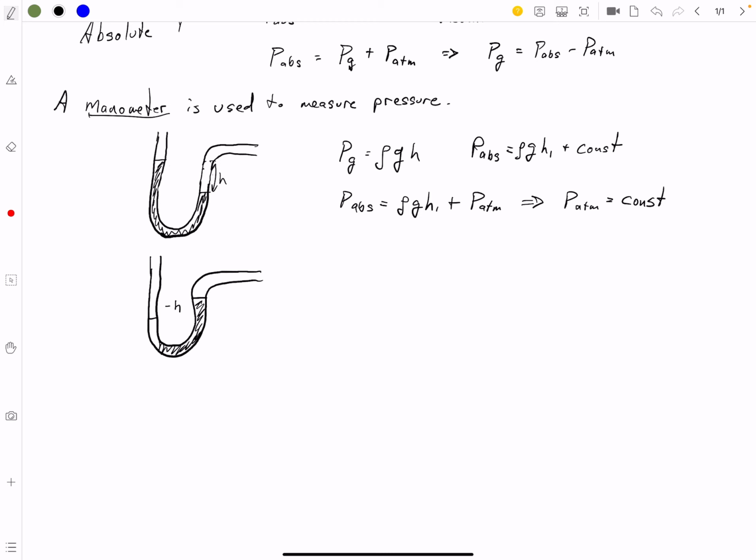That's all I was trying to point out. Okay, so now we have minus h difference. H was positive here, greater than 0 here. H is less than 0 here.